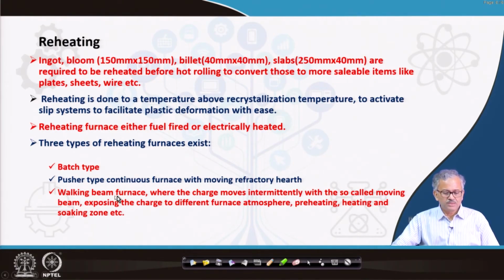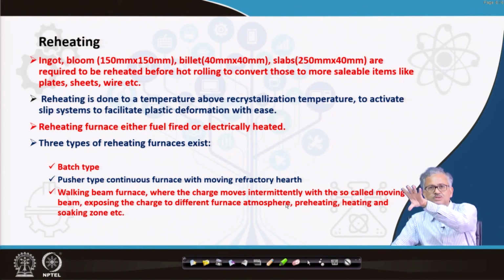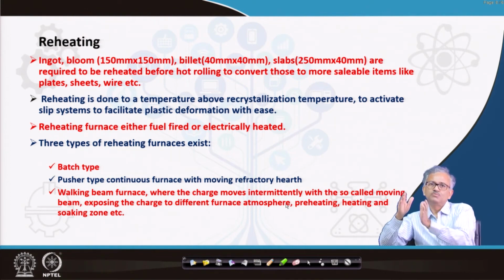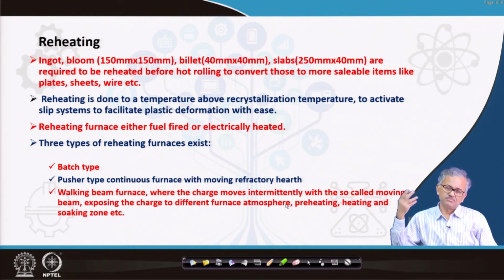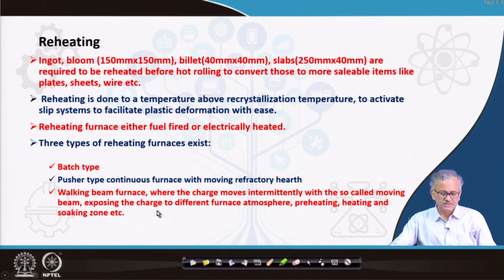Another is called the walking beam furnace, where the charge moves intermittently through different zones. It first moves into a zone in the preheating temperature range, then into a higher temperature region for heating, and then into another zone where soaking takes place for some time, and then it comes out. That is the walking beam furnace.